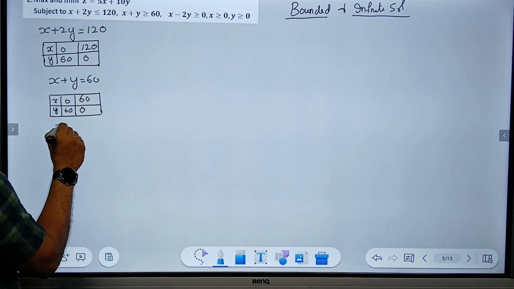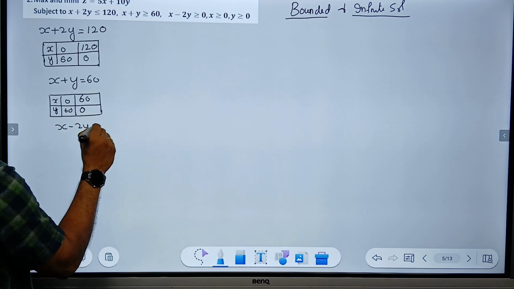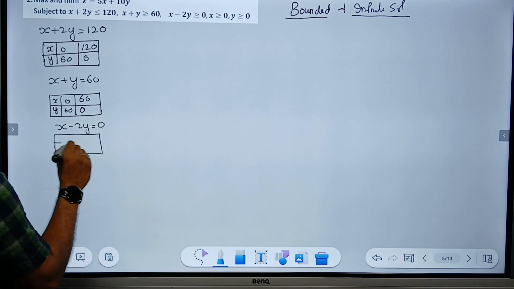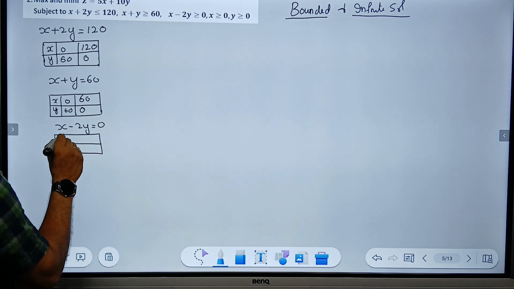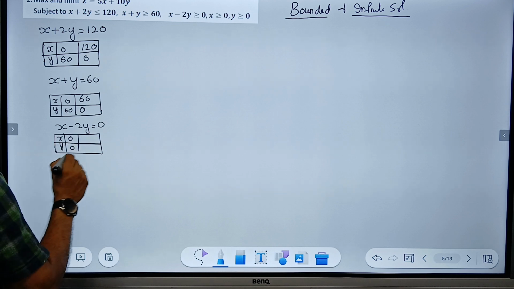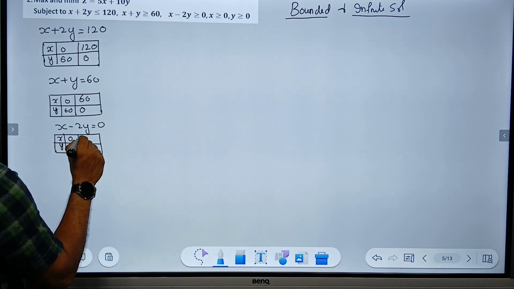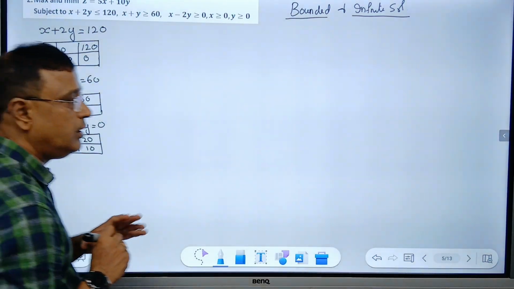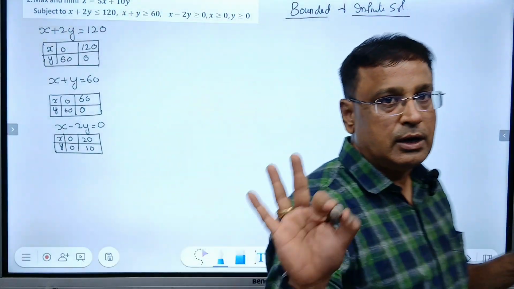Then you have x minus 2y equal to 0. Since all the values are multiples of 10, you start with 0. When x is 0, y is 0. When y is 10, x is 20. So I have calculated the points for the graph.